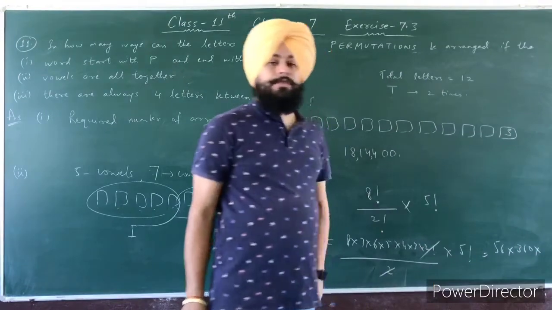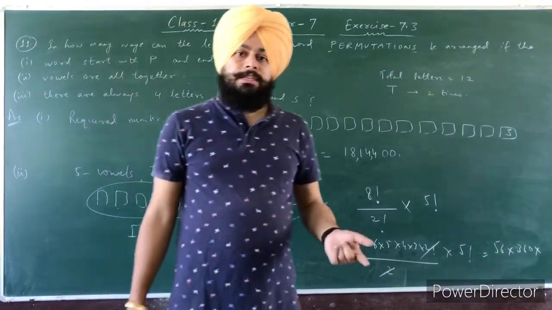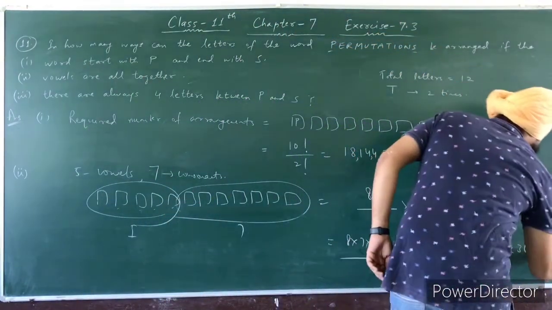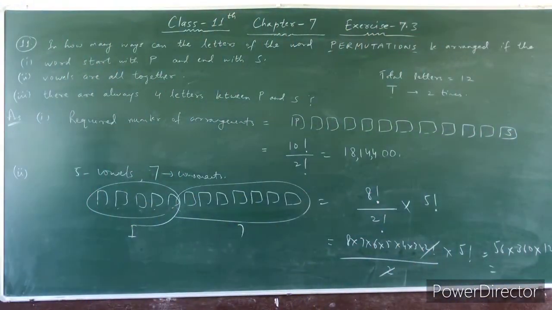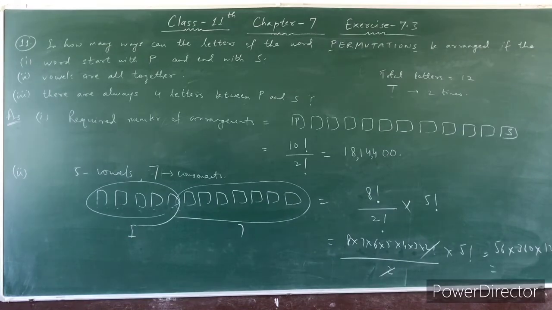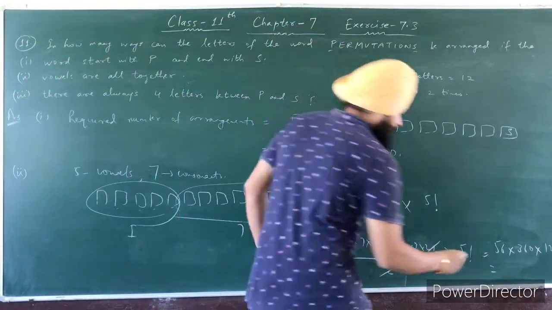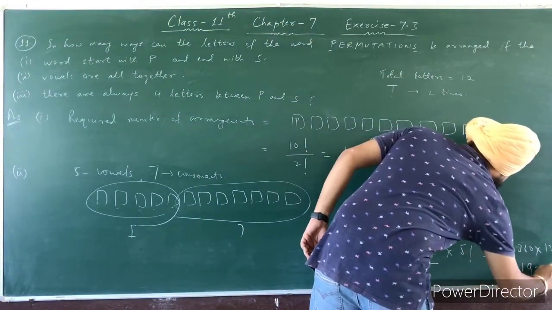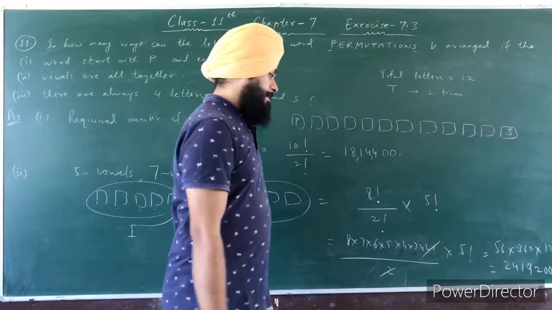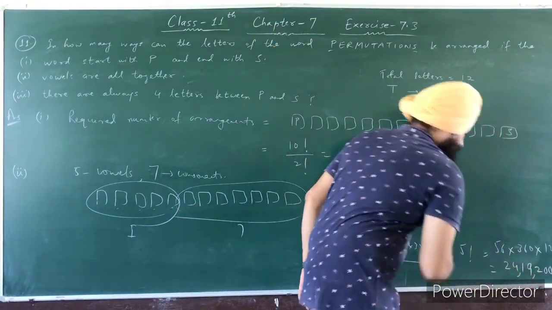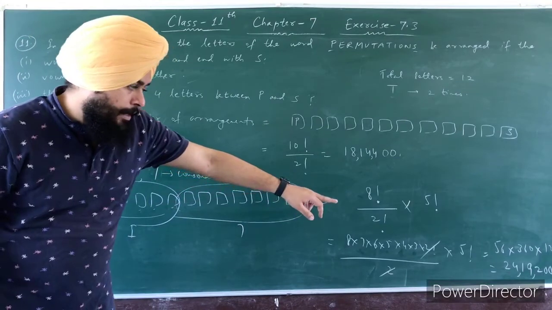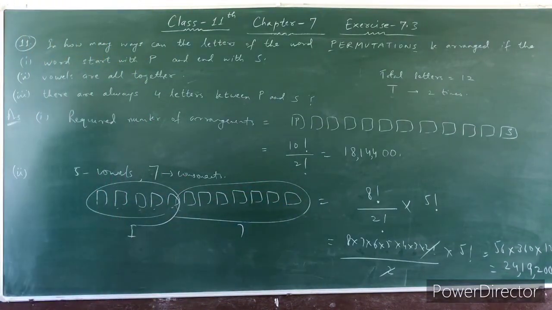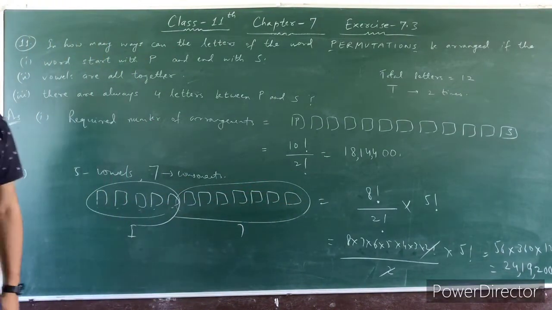And 5 factorial is 5 4s are 20, 20 3s are 60, 60 2s are 120. So you have to multiply 56, 360, 120. So the answer is 2419200. It means total 24 lakh 19,200 words in which the 5 vowels come together.